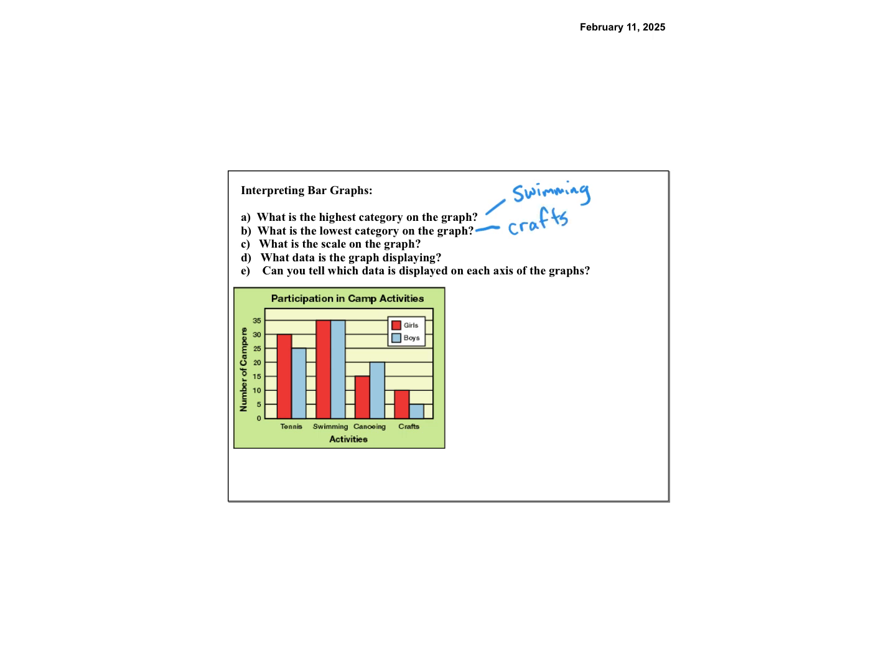What is the scale? Well, the scale is over here, and the scale increases by increments of 5, and it's consistent.